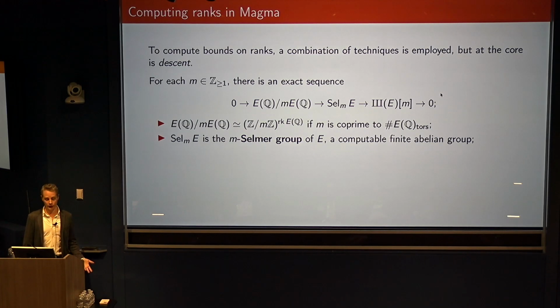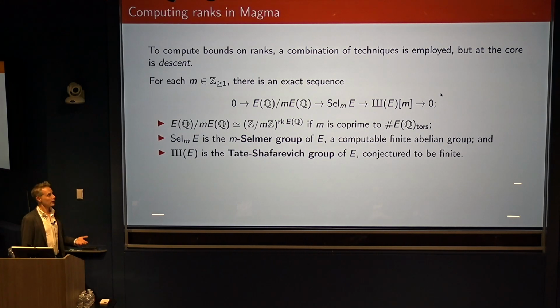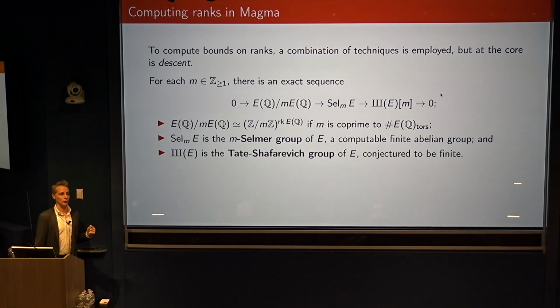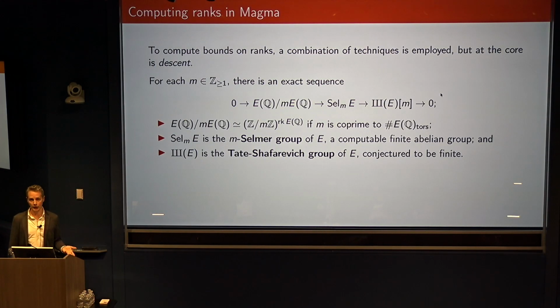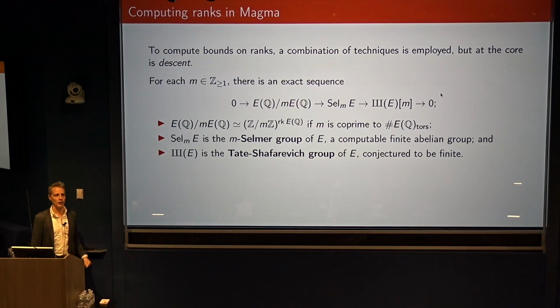Well, they're not always. The error term, so to speak, in this exact sequence is called the Tate-Shafarevich group, the m-torsion, as mentioned in the exact sequence. This Tate-Shafarevich group is conjectured to be finite. If it was finite, you could choose m coprime to the size of Sha, and then these two groups would be equal. Unfortunately, we do not know the finiteness of Sha.